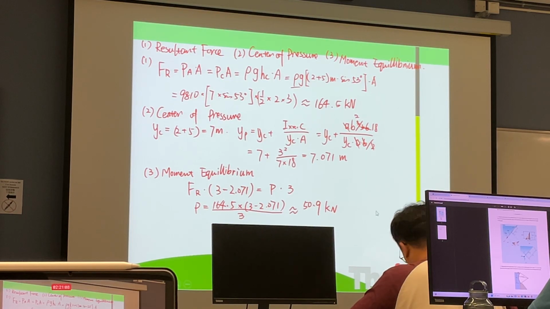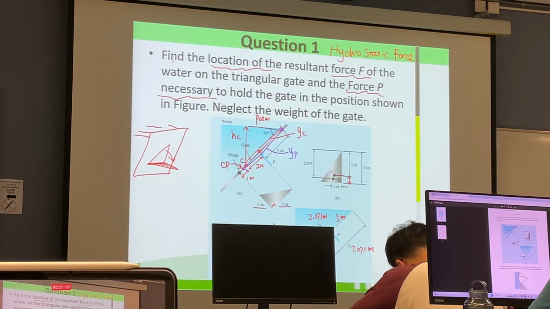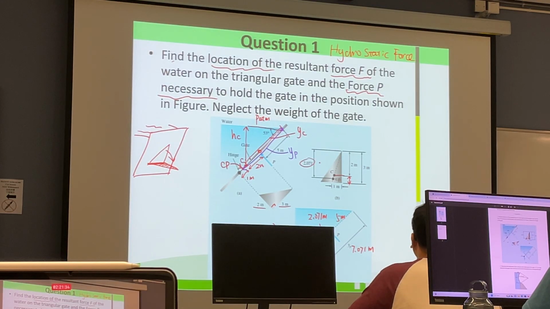However, it's not all finished, because the question is also asking us to find the location. Because the center of pressure is on the center line, we have located the vertical location, which is 2.071 from the vertex.